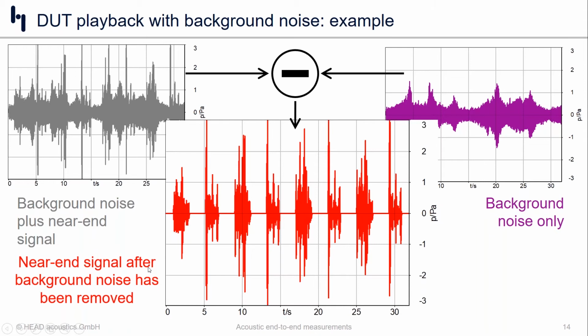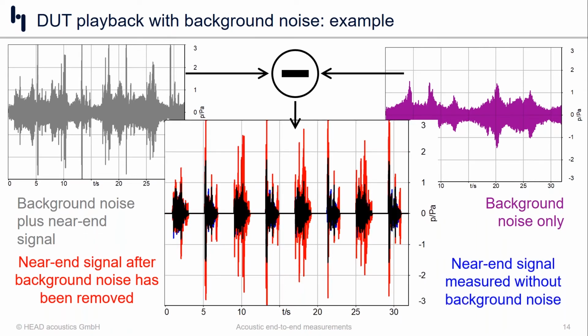Now, that's great because now we can start to look at that signal and say, how does that device perform? The first thing that we would probably do is we would do the measurement again, but this time without background noise, so that we can see, let's look at the device without background noise, just in its normal state. How does it perform?